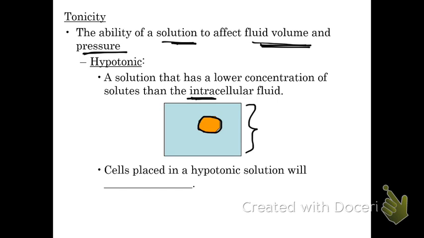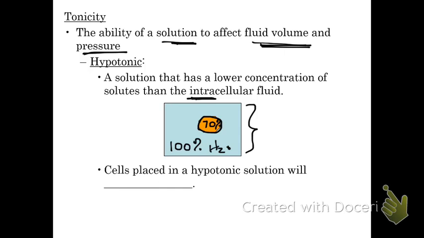So what I'm going to say here is that this is pure water. Let's say this is 100% water out here. And cells are not 100% water, so let's just say for the purposes of this, the cell is 70% water. And then it has 30% of other solutes. Salts, sugars, proteins, nucleic acids, all the things that cells have in them.